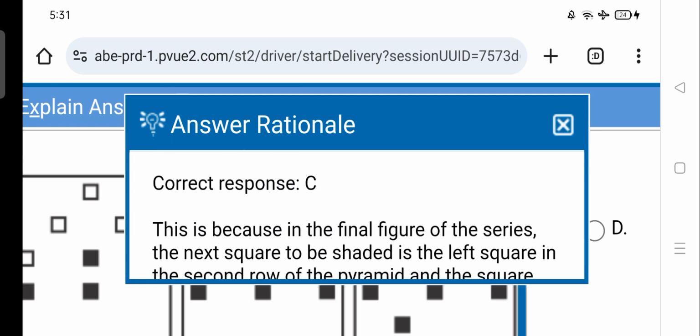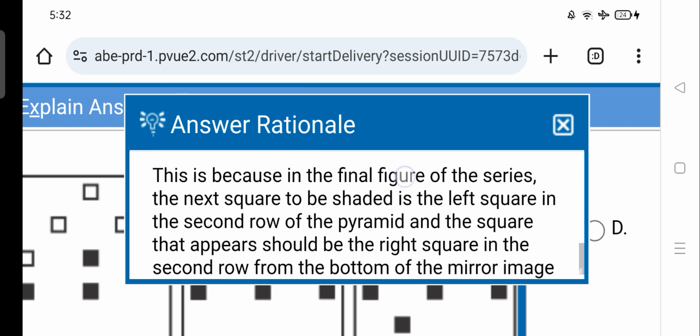So the correct option we have is option C. This is because in the final figure of the series, the next square to be shaded is the left square in the second row of the pyramid.